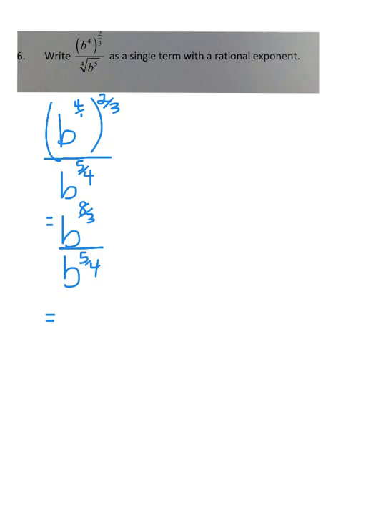And you can do that in your calculator. Okay, and that is going to give you b to the 17 over 12. And if we read the directions, it says write it as a single term with a rational exponent. There we go.